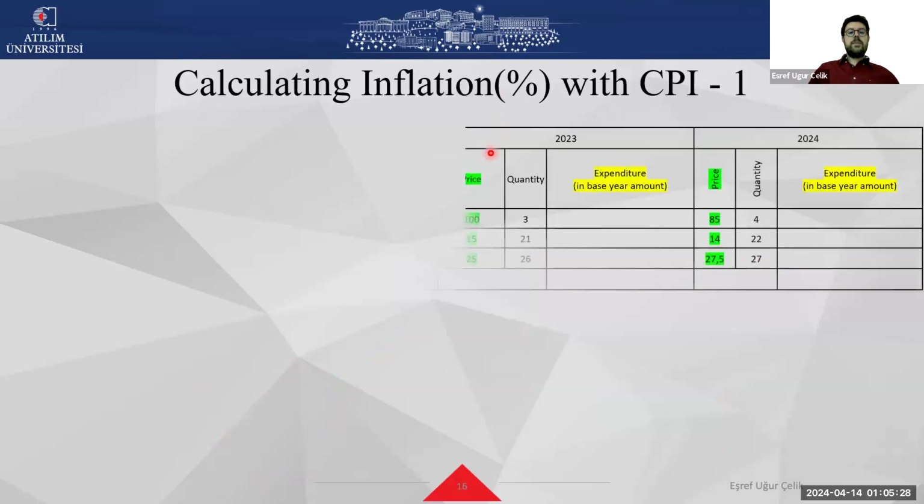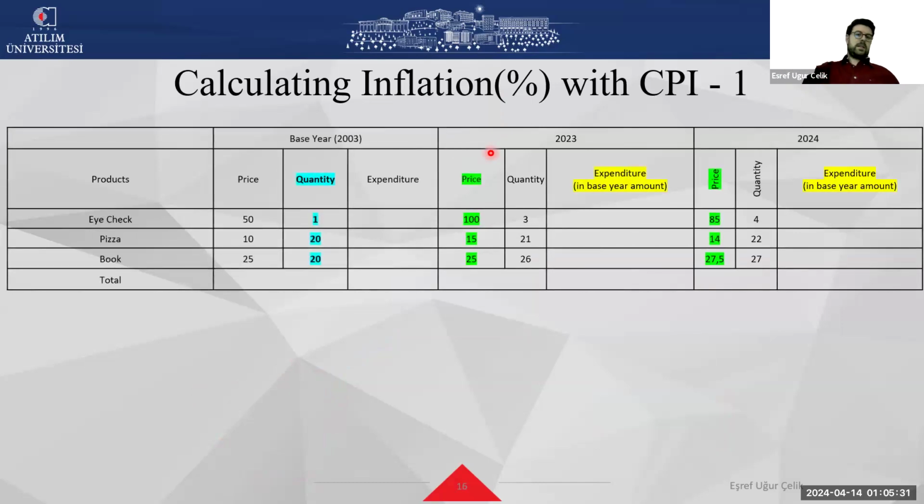In the real GDP part, for eliminating the price effect, we are fixing the price. The idea is the same, but this time we try to understand inflation. Is there any increase in price or not?